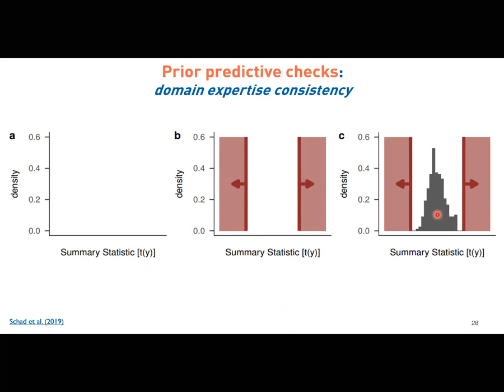In other words, if some parameter values generate data within either of these outer ranges, then those parameters cannot be used as the prior distribution, okay?